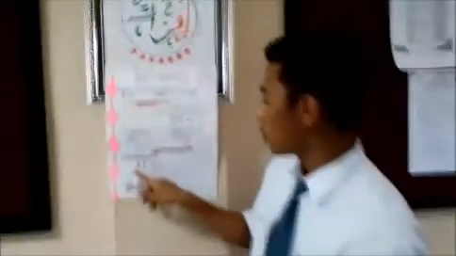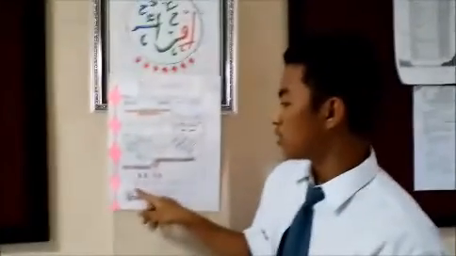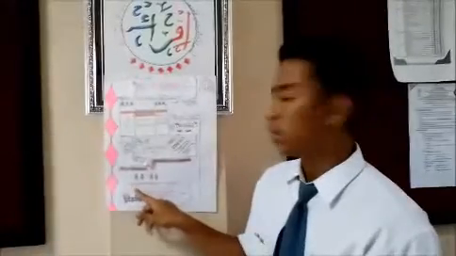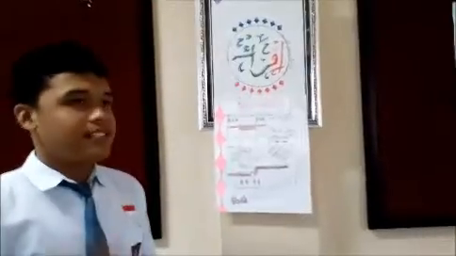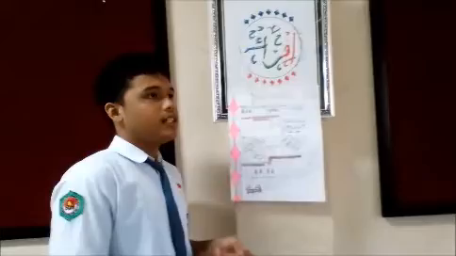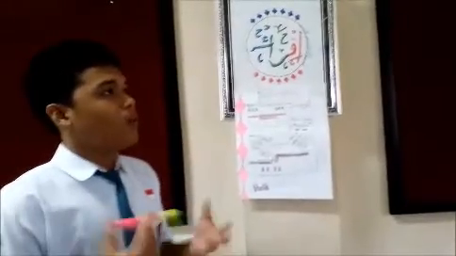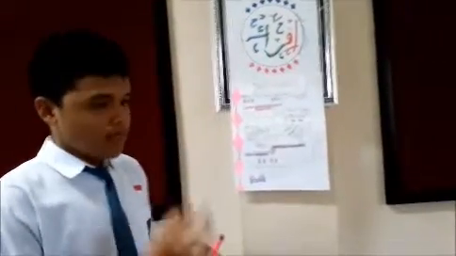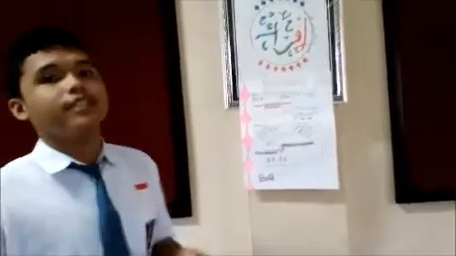It means both terms are equal, so they can be called equal polynomials. And additional information: in polynomials, the power of the variable must be a whole number. So the power of the variable must start from 0 up to infinity.